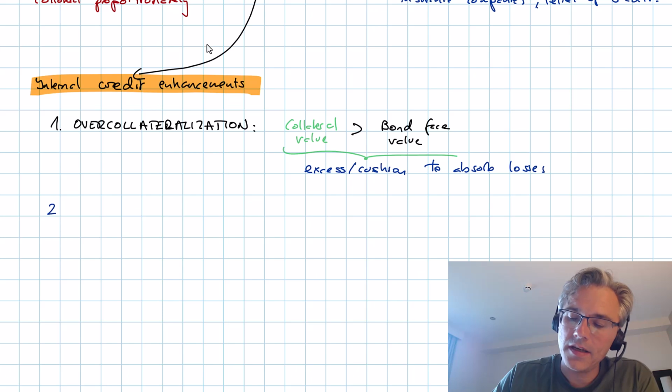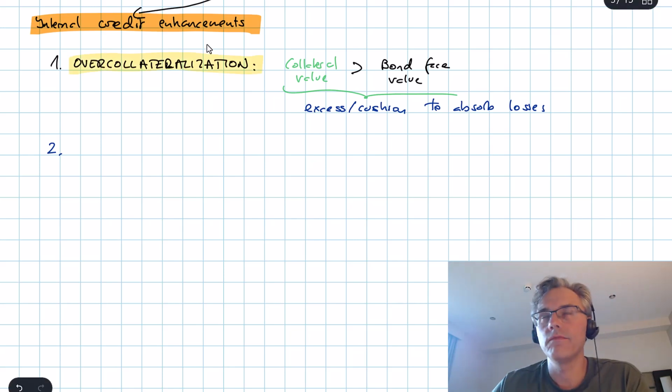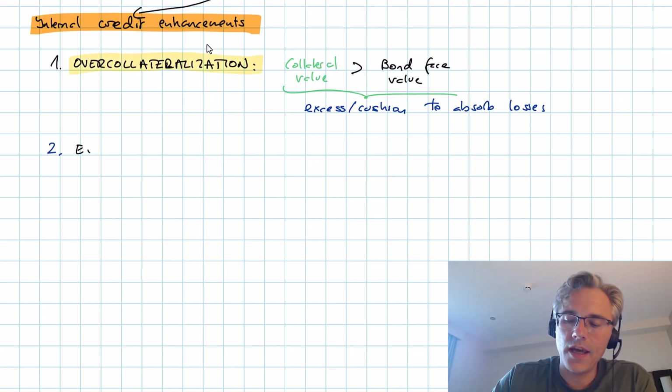Now, the second idea, quite similar to overcollateralization in its logic, is something called excess spread.